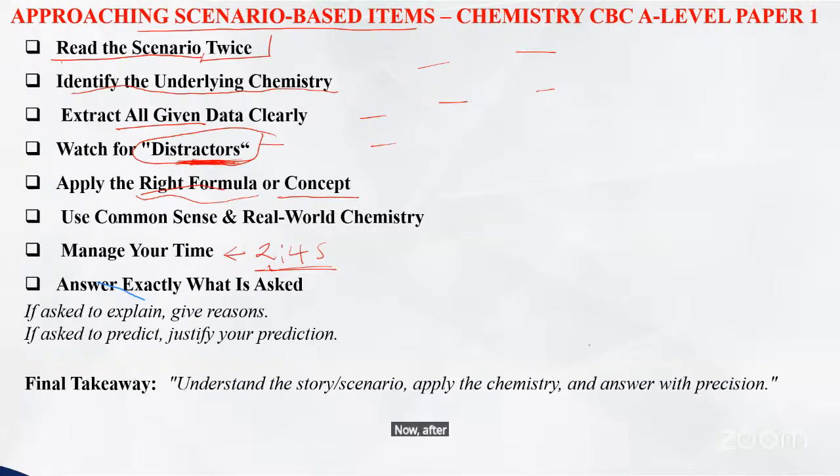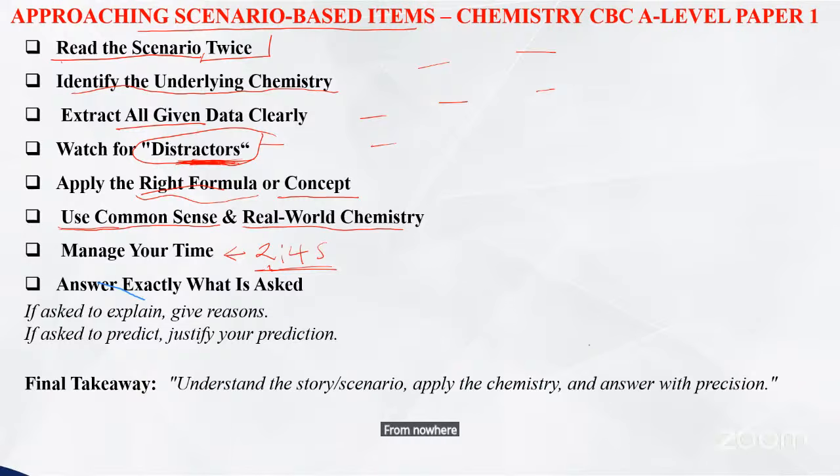Now, after that, we're saying that even common sense is needed, even in chemistry. Use common sense, and the real world chemistry, because this time round we are looking at application, and we no longer look at learners just coming to a paper and just writing. We are not setting an item from nowhere.